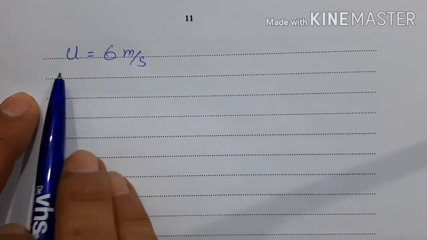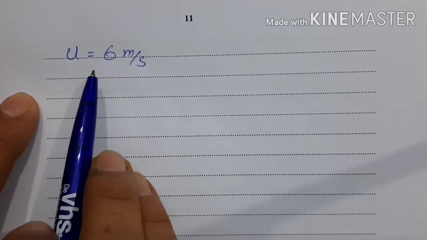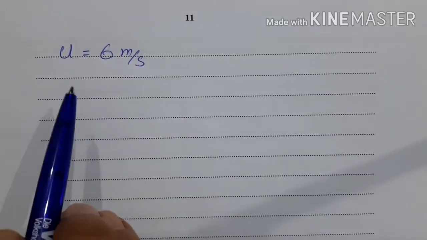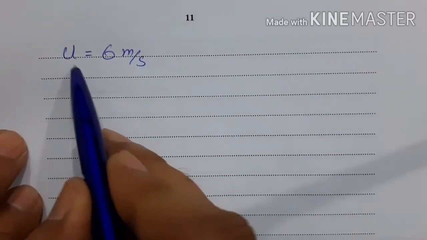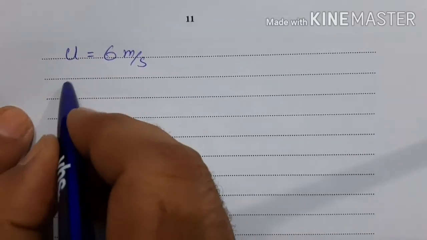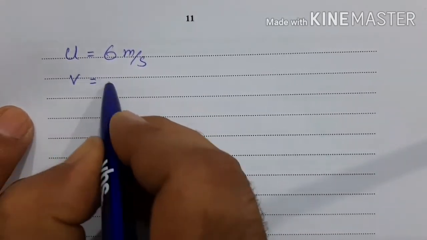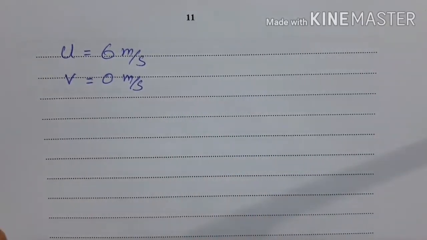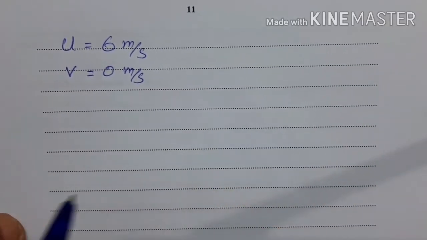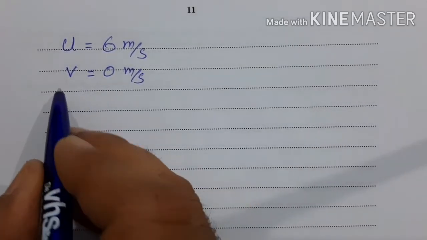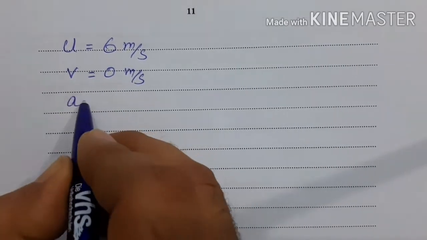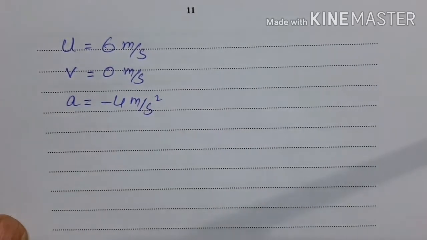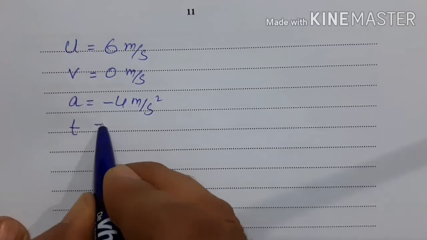So that's why this is from the first part where the final velocity was v. Now it becomes u because now the particle enters the water. So this is our initial velocity. Final is 0 because we know that the particle will come to instantaneous rest. So final 0. We got a, which is minus 4 meters per second square, and we need to find t.